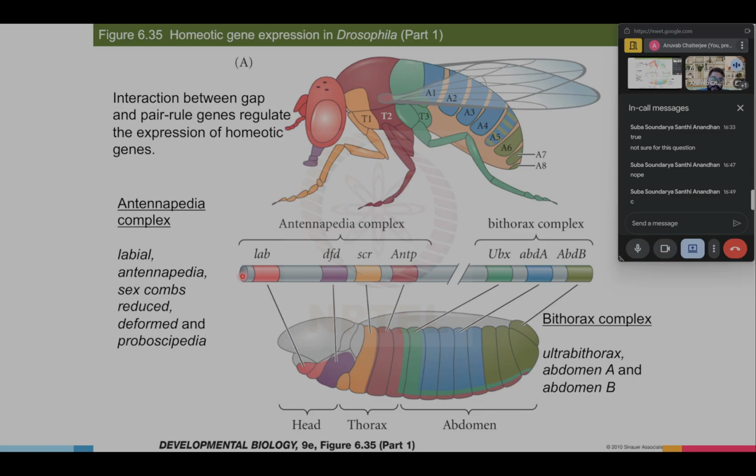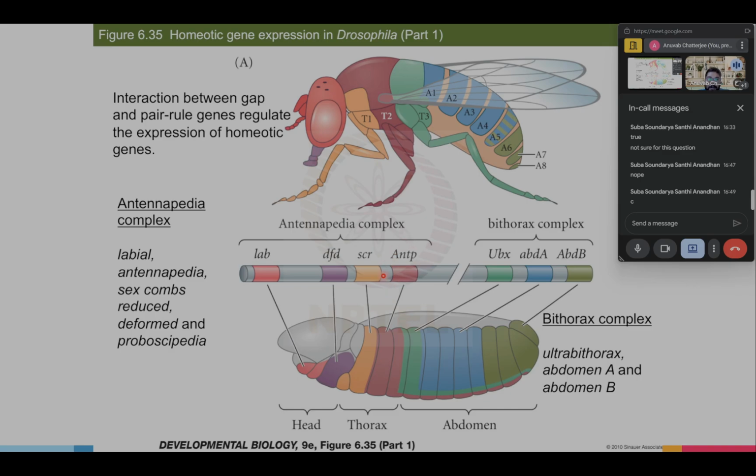They are actually present on the chromosome in the same order. So left is essentially the 5' end, the right is the 3' end, and on the embryo it is the anterior position to the posterior position.